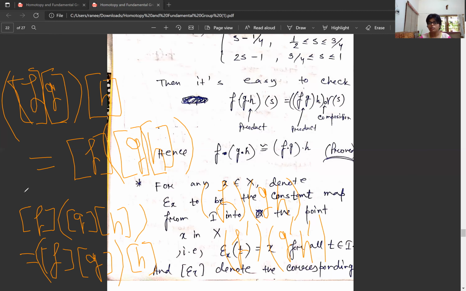It means that it doesn't depend on the representative, as we have seen before for the product.